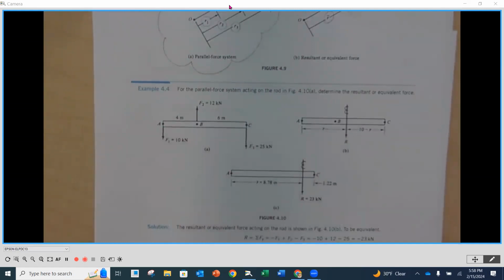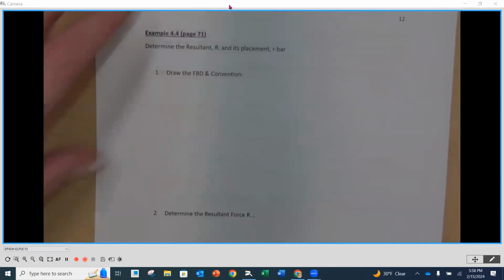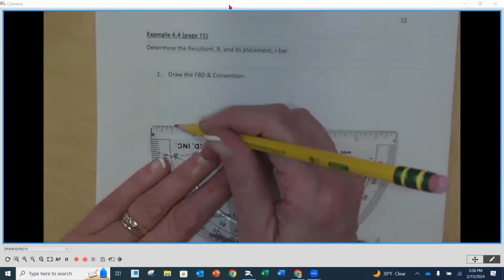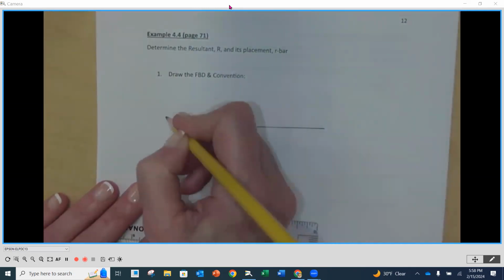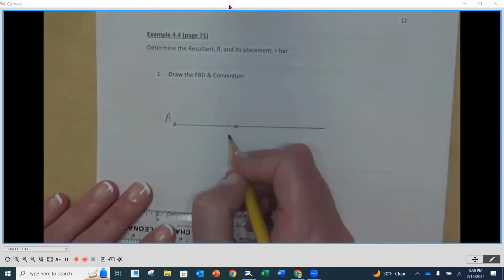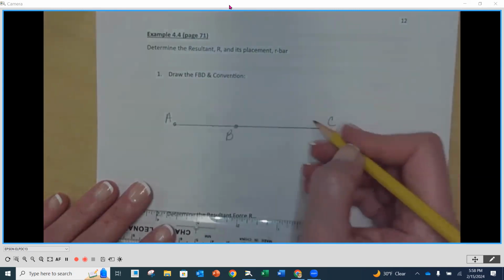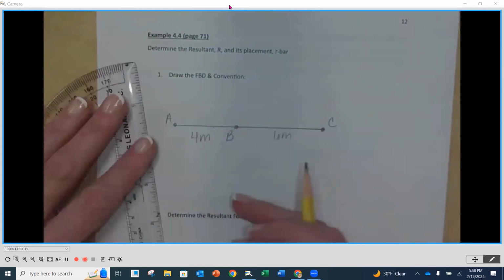Okay, so first things first, we're going to draw our free body diagram. So that's what we see here. So go ahead, draw your free body diagram and add your convention. Force A, B, and C. 6 meters. 10 meters.